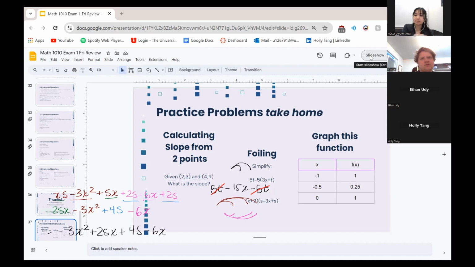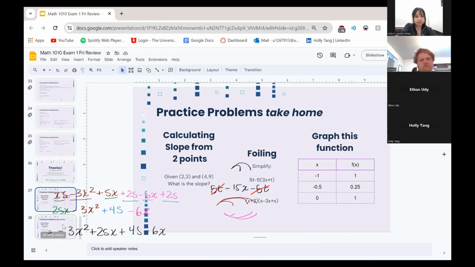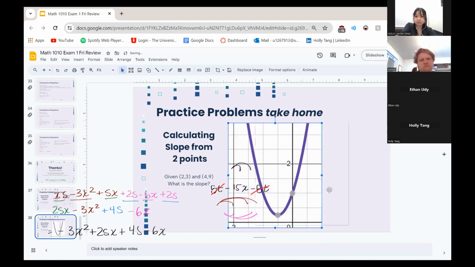I would have guessed it's an absolute value. Yeah. Let me show you actually what I graphed. Let's see, so let's put that here.